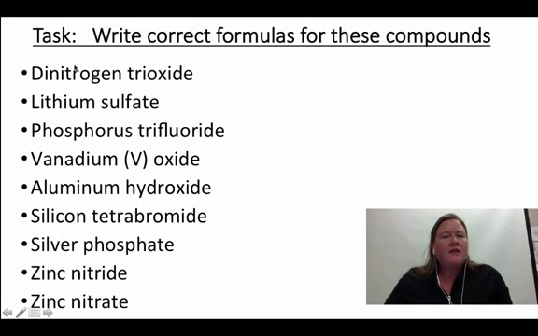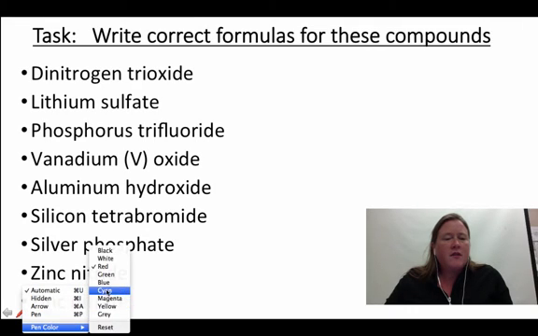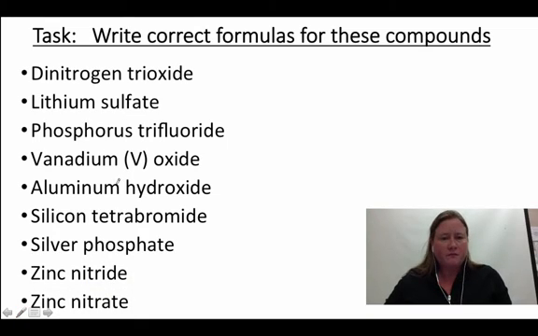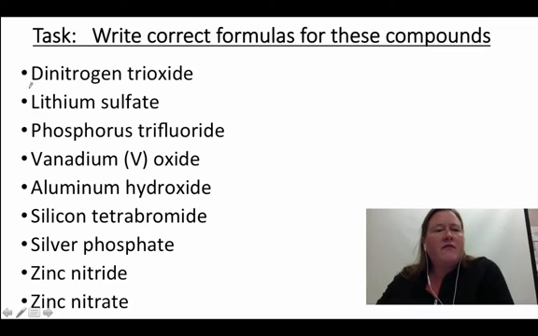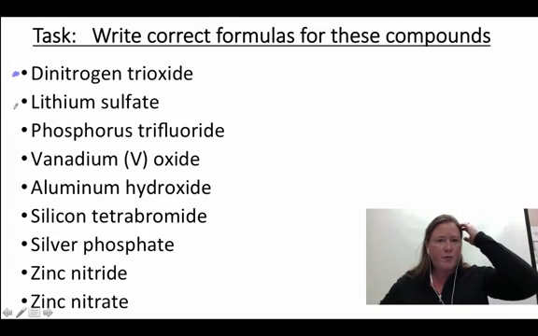So if we look at this list, I'm going to choose blue. That's what I used before. I'm going to use blue, and I'm just going to identify which of these have prefixes. So this one has prefixes: dinitrogen trioxide. Lithium sulfate, nope.